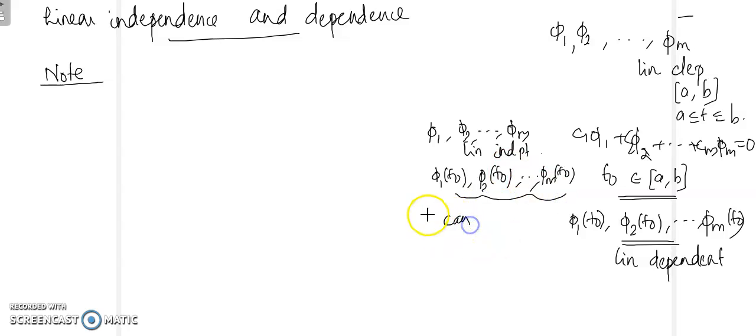This can be dependent also. So unlike the dependent functions, this is not necessarily true for the independent functions. Let us write that note and see an example on that.